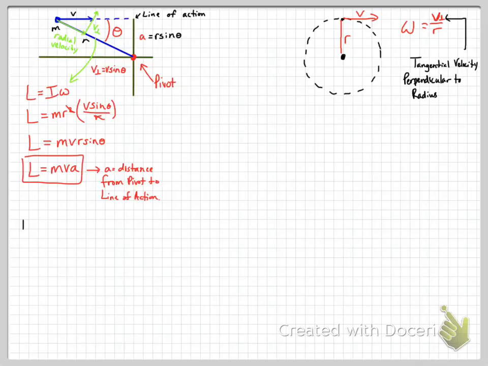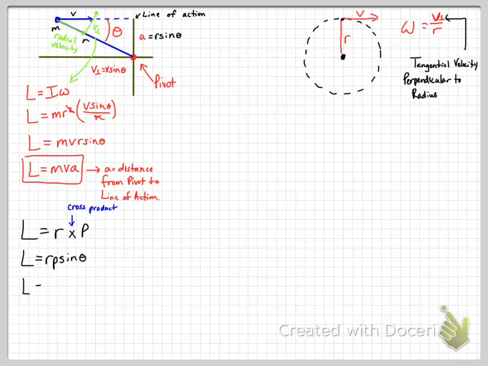Now there's another way to do this, and that is to do r cross p, where this stands for a cross product. A cross product is a way to multiply vectors, and it deals with things that are perpendicular to each other. Another way to write this is r p sine theta. r cross p is r p sine theta.